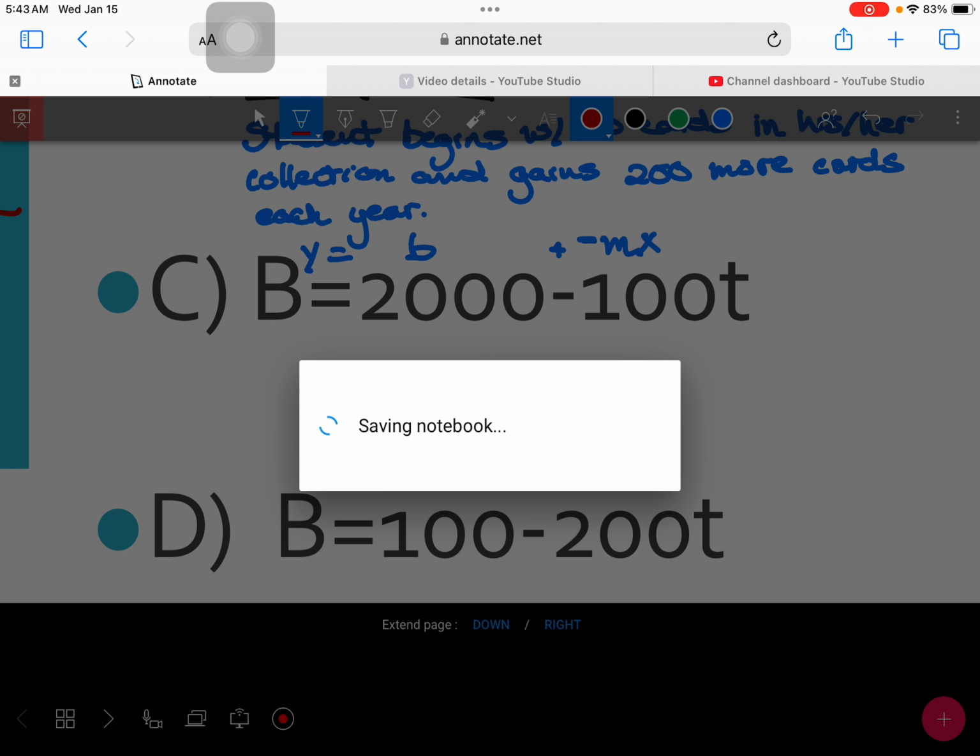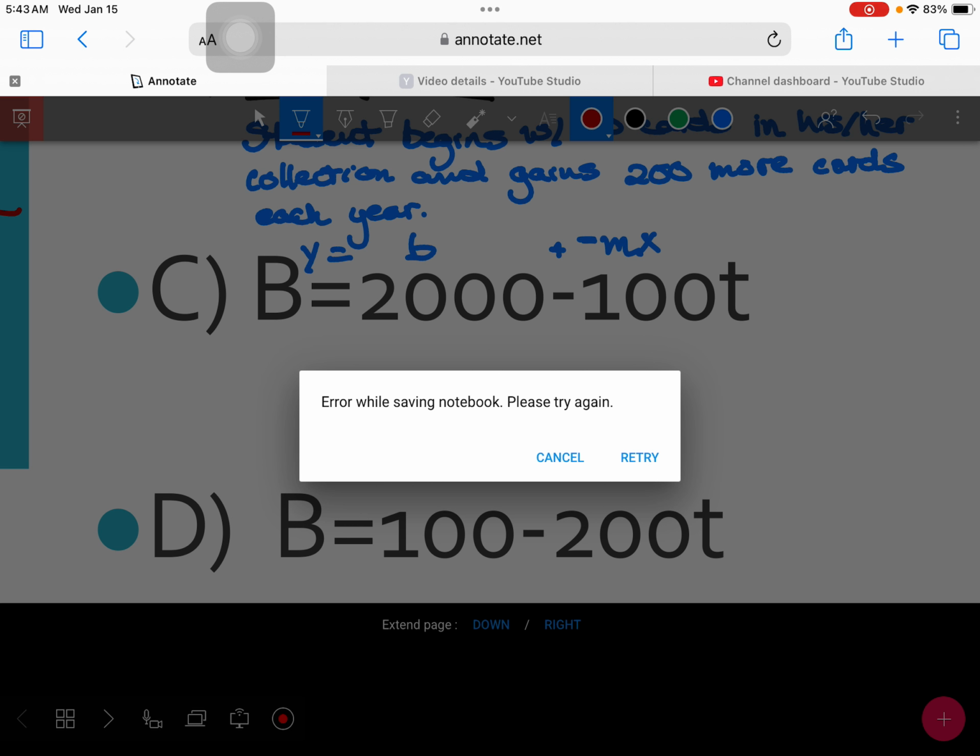So B, the number of cards in the collection, is equal to, at the beginning of this time in this equation, 2,000. So this student has 2,000 cards, and instead of gaining 100 each year, this person is somehow losing them.